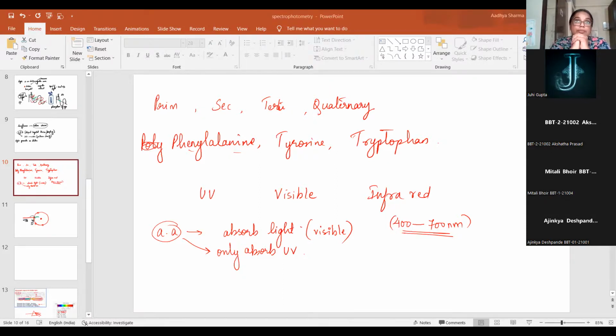Reflection, refraction and reflection? No, those are the properties. I'm asking you the components of light: electric and magnetic. Correct. Pardon? Okay, electric and magnetic. Yes.